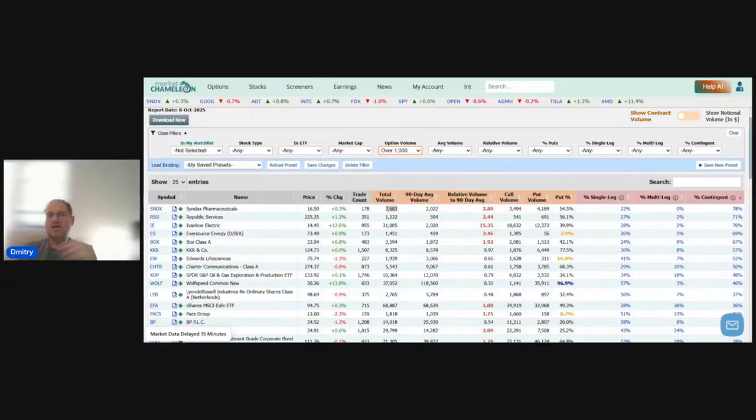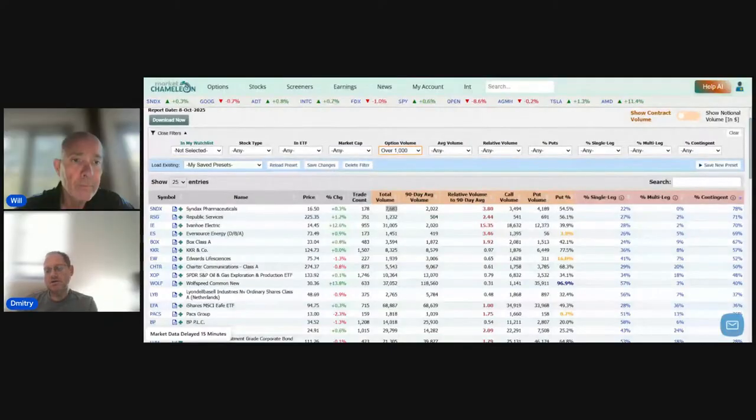But then when we analyze it and add the stock component, it really looks more like a little bit of a bullish sentiment with an upside call, where he's selling an upside call at the 25 strike, and buying a put spread with a 16, 12.5 strike. So we're going to stop right there. Wanted to just go over an example of a contingent trade.